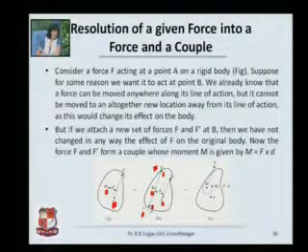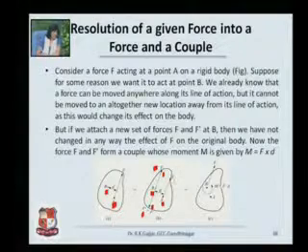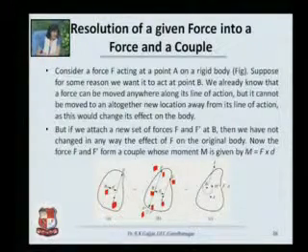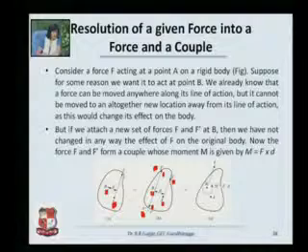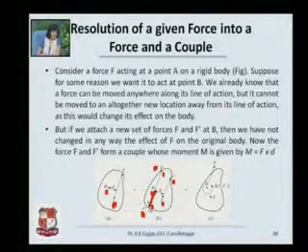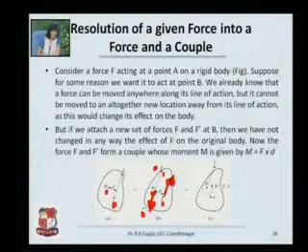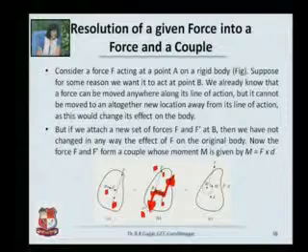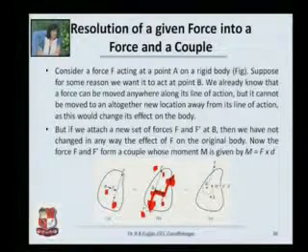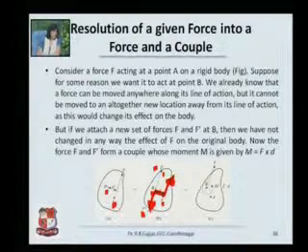But something has happened. This force F and this force F dash are equal and opposite and parallel. Therefore, we are able to shift this force F from A by getting a force couple system.